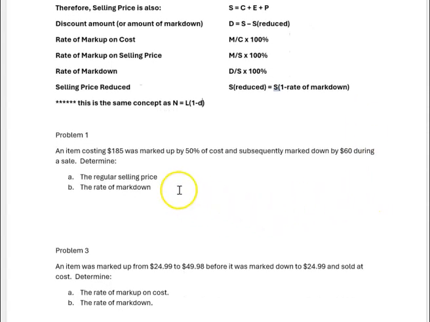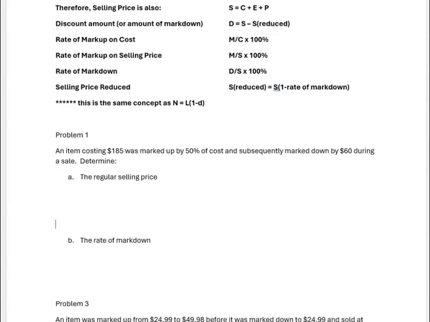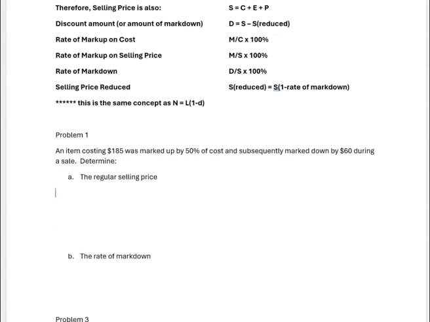Problem 1. We have an item costing $185 was marked up by 50% of cost, and subsequently marked down by $60 during a sale. So we want to know what the regular selling price is.